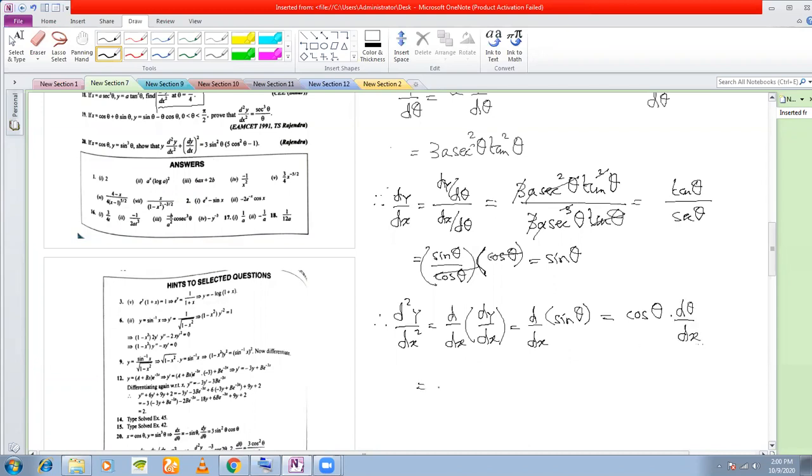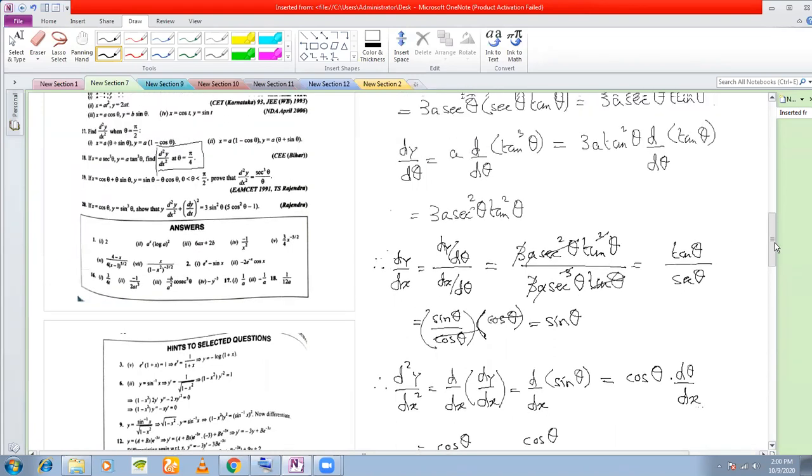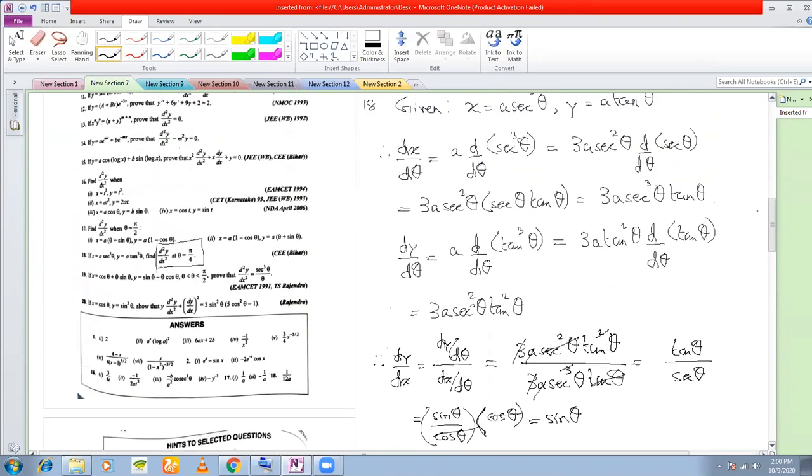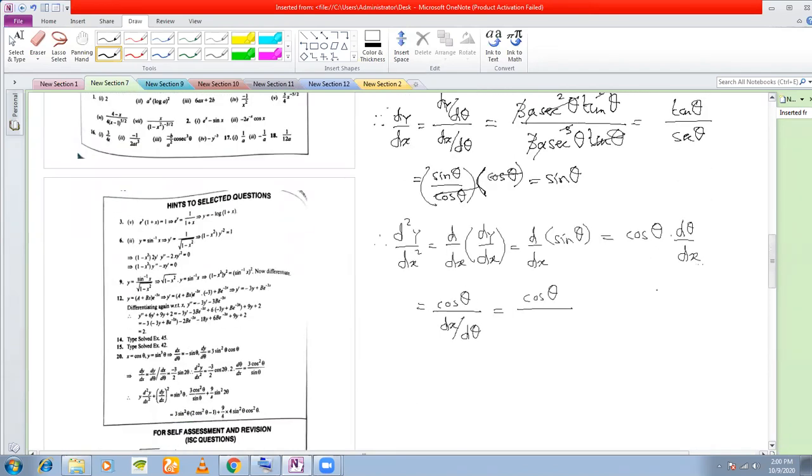So this can be written as cos theta by dx d theta, which is cos theta by 3a sec cube theta tan theta.